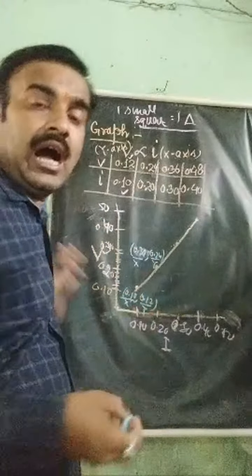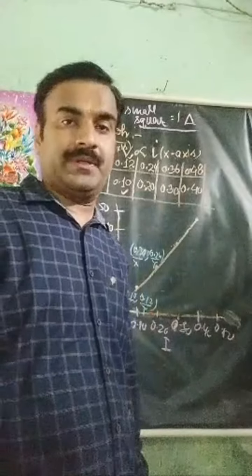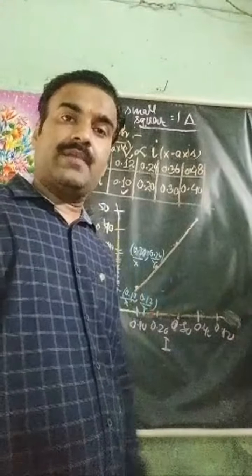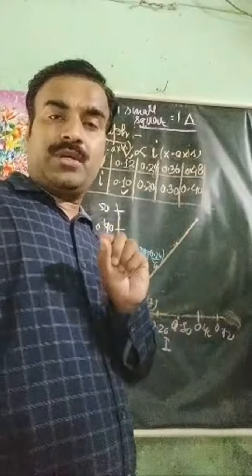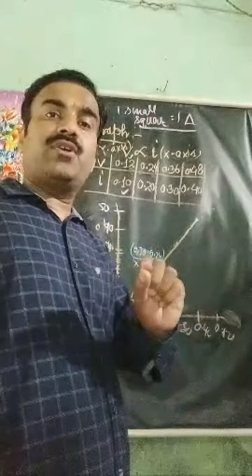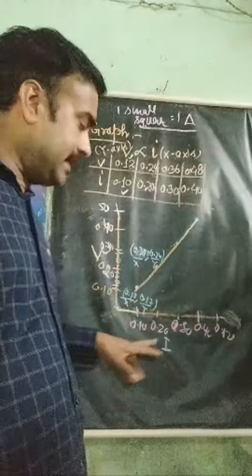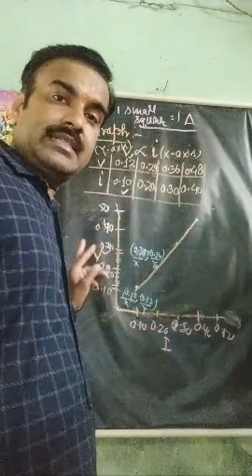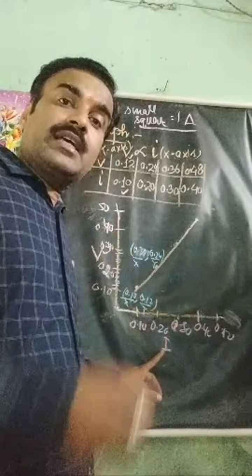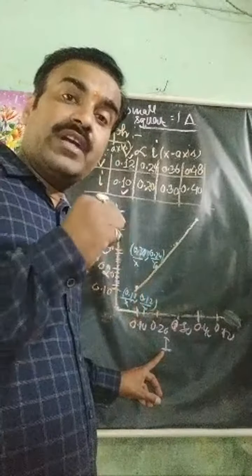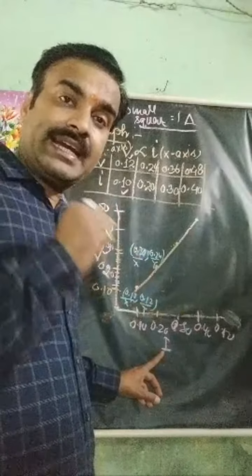After drawing the graph like that, you have to find out how you can find the slope. But before that you must also know that if you are going to draw the graph, first of all take the x-axis, take the y-axis, and write over here which physical variable you have taken on which axis.